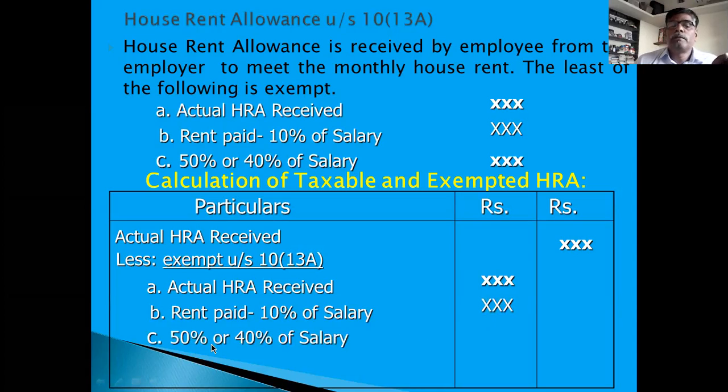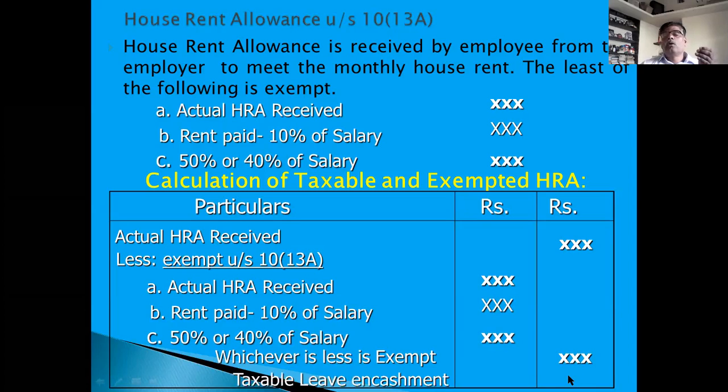Then third point is 50% of salary for 4 cities, Bombay, Delhi, Madras, Calcutta. And other than 4 cities, you take 40% of the salary. Least of the 3 is exempted. So whichever is less is exempted, you take to the outer column and deduct in the outer column. Whatever balance remains, that is called as taxable HRA.